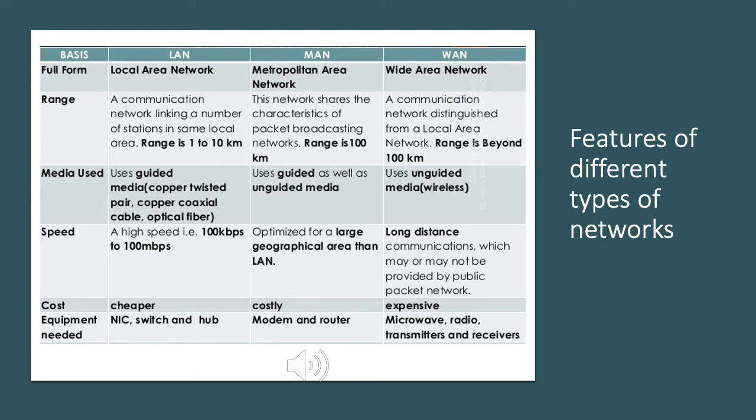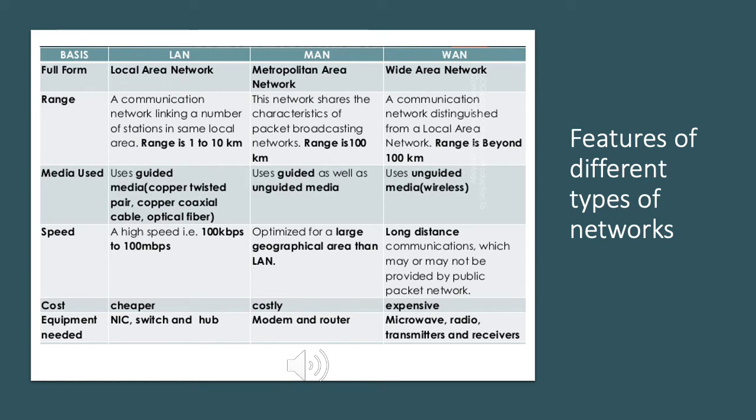You can take a look here in the slide at the features of different kinds of networks, beginning with the local area network, which is of course the smallest among these, and the range that it covers is typically small compared to the range covered by a metropolitan area network or a wide area network.